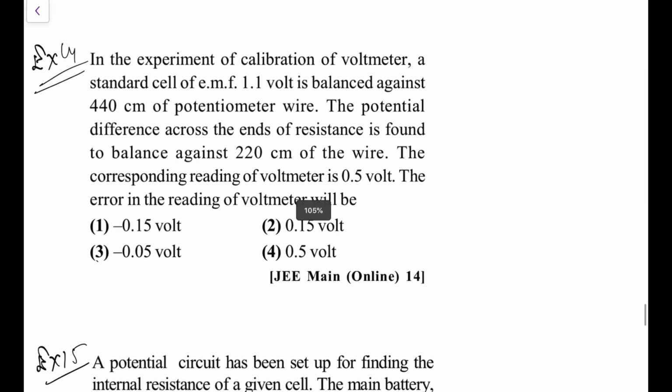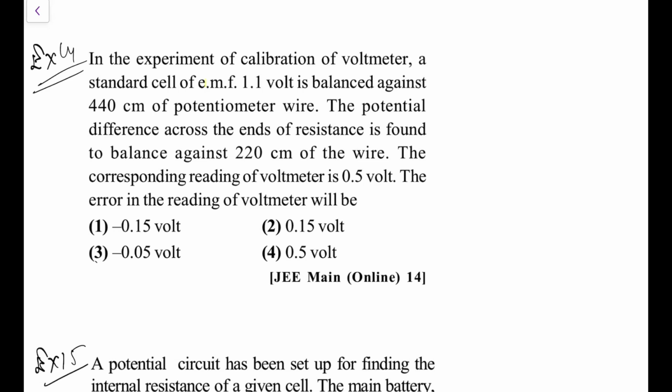Next one. In an experiment of calibration of voltmeter, a standard cell of 1.1 is balanced against 440 centimeter of wire. The potential difference across the ends of the resistance is found to be balanced against 220 centimeter of the wire. The corresponding reading of voltmeter is 0.5. The error in the reading of voltmeter is, now 440 corresponds to 1.1, so 220 is half, so that corresponds to 0.55.